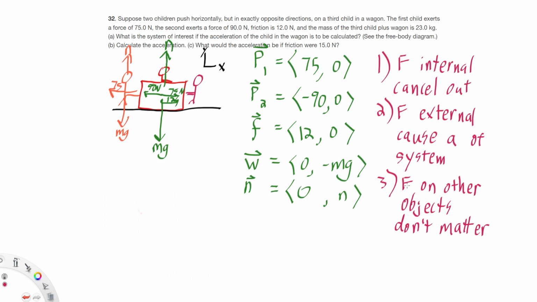So we have to be able to limit our field of vision. We draw a box around what's important for this analysis, and we just focus on that, right? And then forces that are on external objects, we don't care. We're just looking at what happens in a specific place and time. Any questions about what I've written down so far?